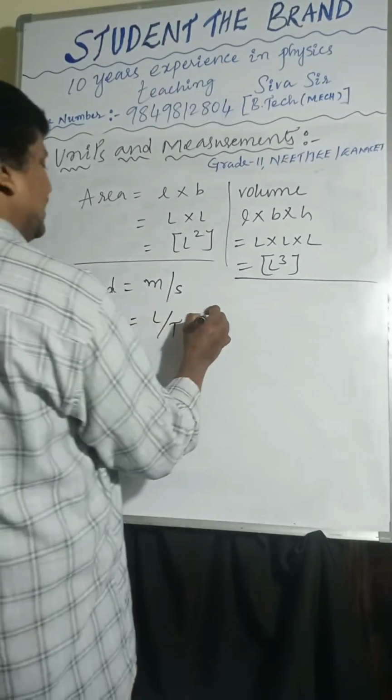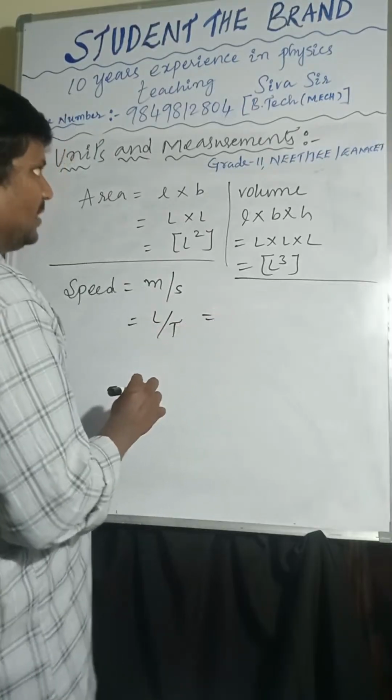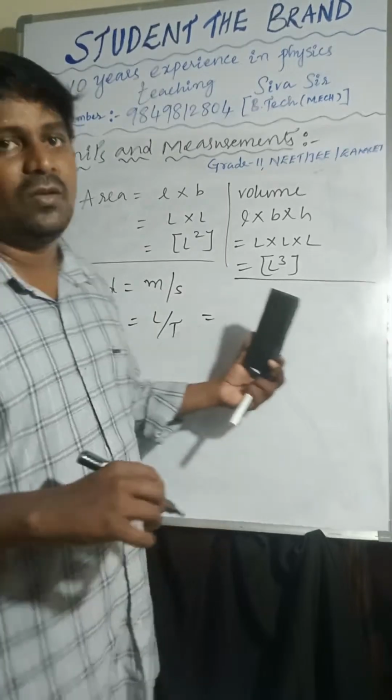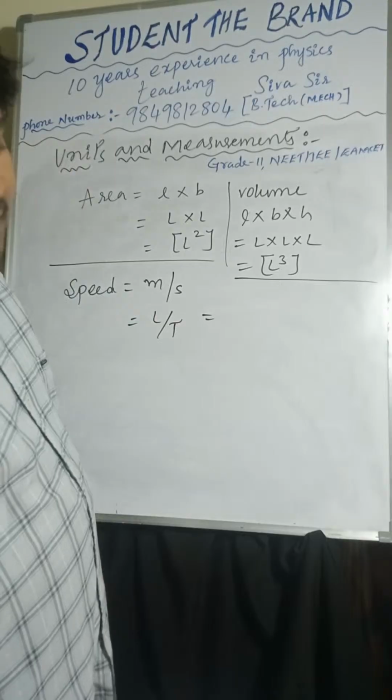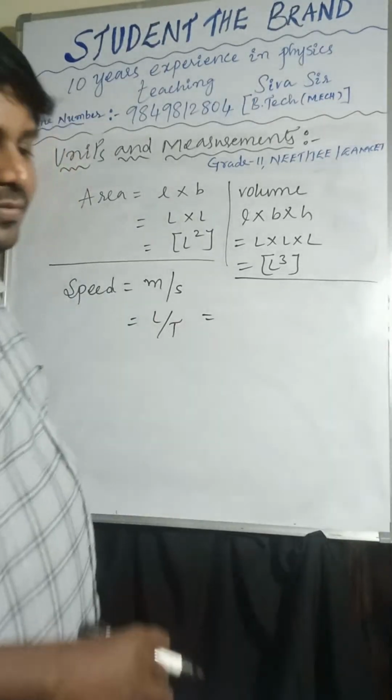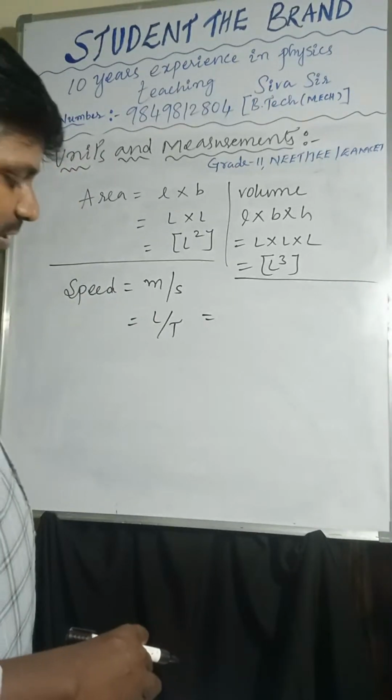The set of fundamental physical quantities are length, mass, and time. With that we have to represent the quantities. Now I am representing with the set of fundamental physical quantities.